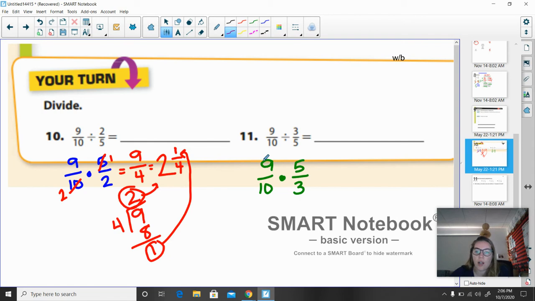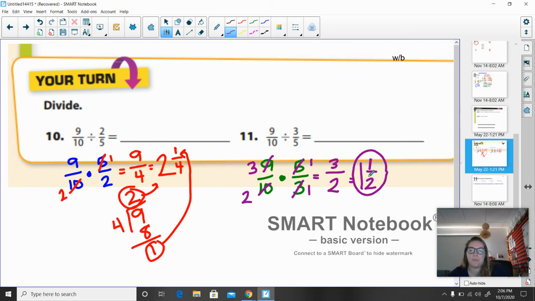So I'm going to cross simplify. 9 divided by 3 is 3. 3 divided by 3 is 1. 5 divided by 5 is 1. 10 divided by 5 is 2. And then I multiply. 3 times 1 is 3. 2 times 1 is 2. I can simplify this. So 2 goes into 3 one whole time. 1 times 2 is 2. So I need 1 more to get to 3. So I get 1 1/2 as my answer.